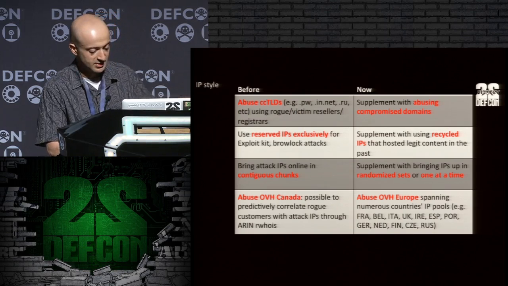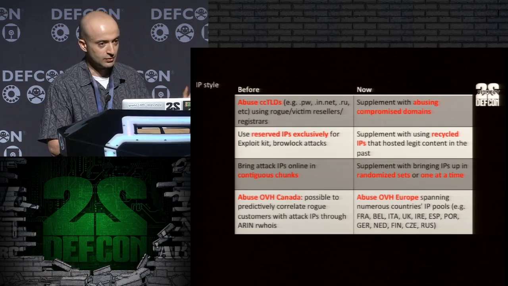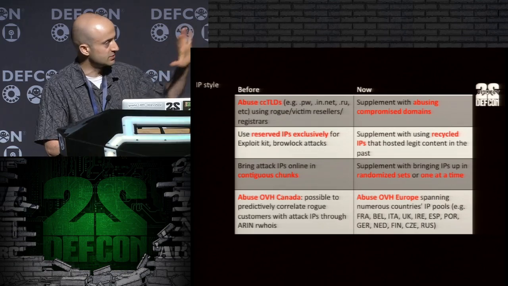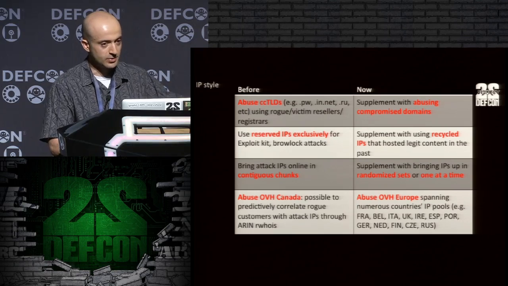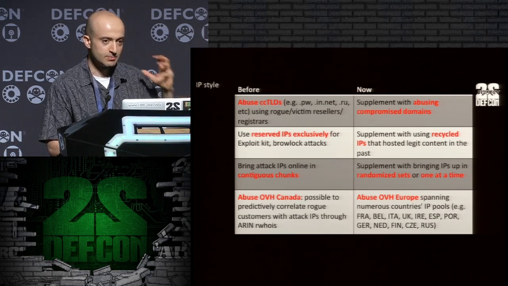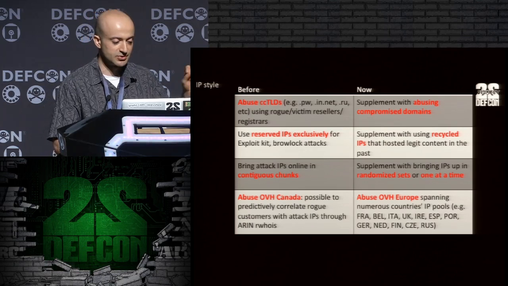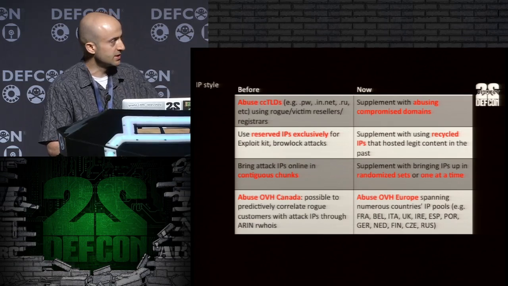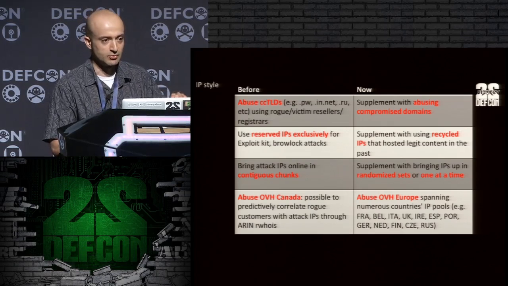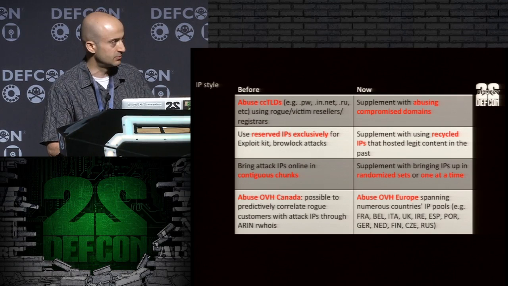Now this table here summarizes the evolution of the TTP of the adversaries. This one is really cool. I like it because it gives you the whole picture. So before is a few months ago, and now is the current state. They used to abuse registered domains under certain ccTLDs and exclusively use them for the attacks. Nowadays they complement that with abused domains under which they inject subdomains.